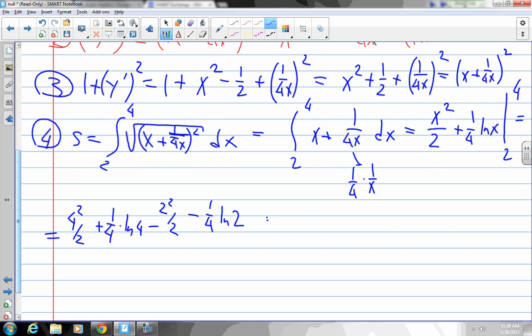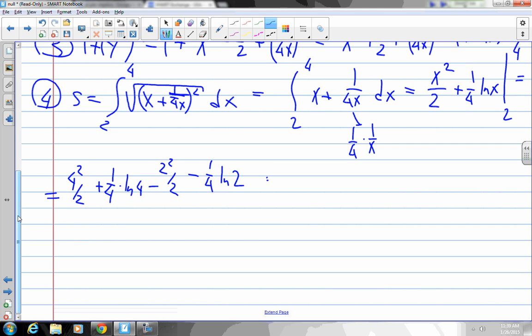Is that okay? So again, it's some kind of a numerical expression. I'm sure we can compute this. So what do we get out of this one? 8.